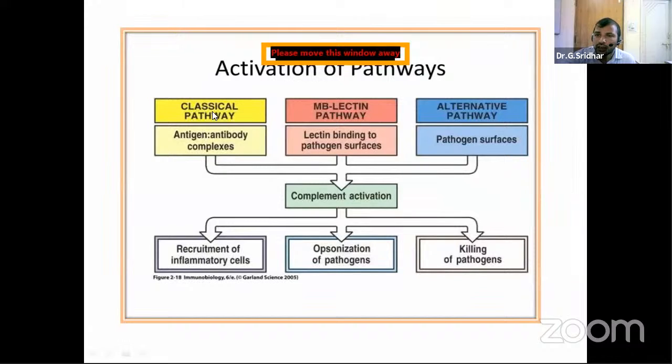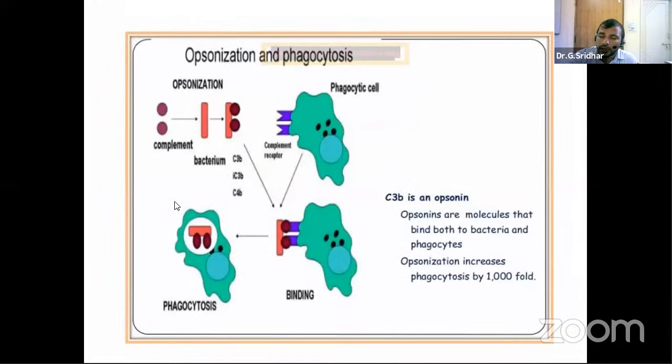You can see the classical pathway, the lectin pathway, and the alternative pathway. The final outcomes are recruiting inflammatory cells, opsonization of pathogens, and killing the pathogens. This is a very important diagram where all the pathways come to the same goal, which is forming the membrane attack complexes. Okay, thank you very much.